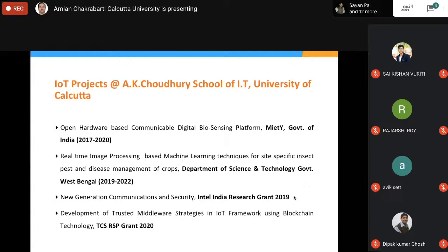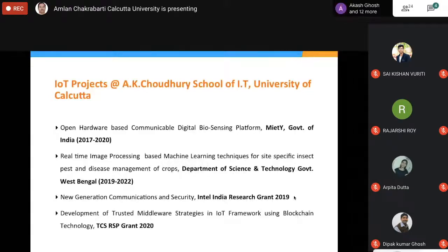We are done with these MIT funded projects. We are continuing our work with a project funded by the Department of Science and Technology, Government of West Bengal, on visual sensors-based smart techniques for agriculture.